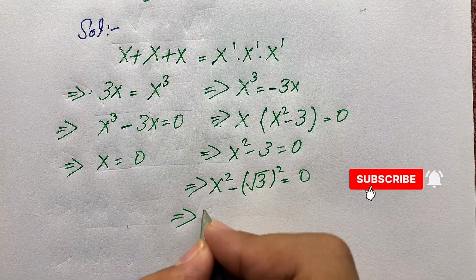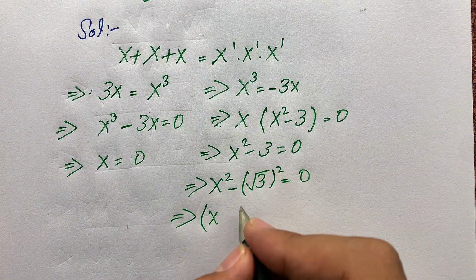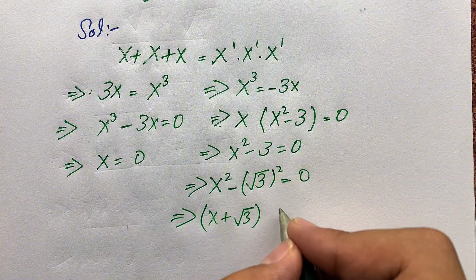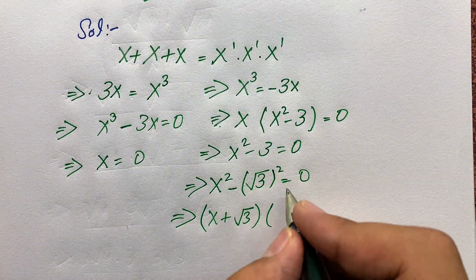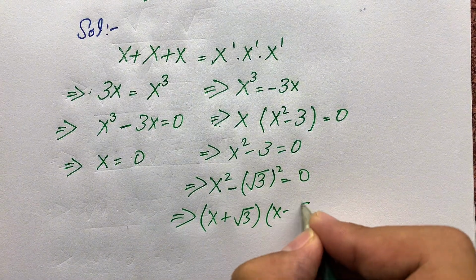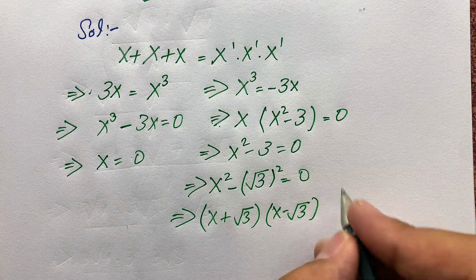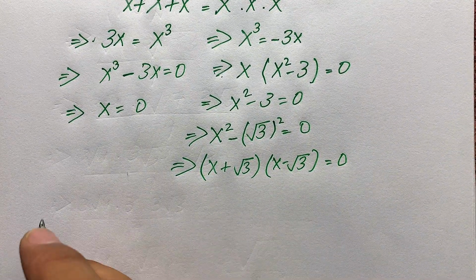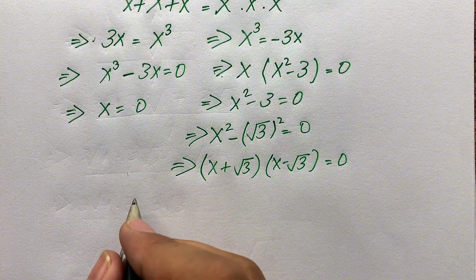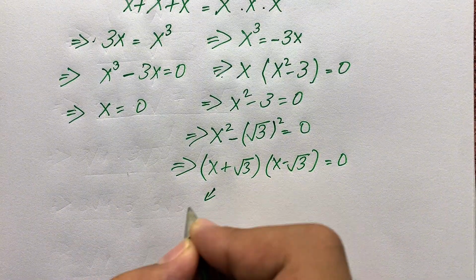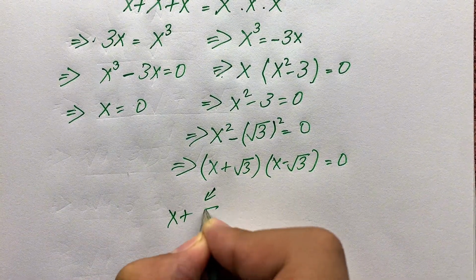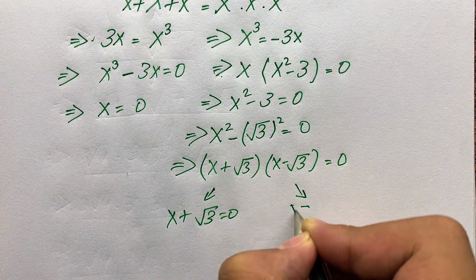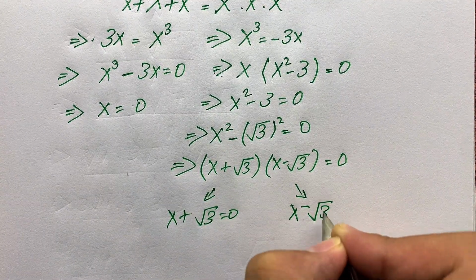This will be x plus under root 3 and x minus under root 3 is equal to 0. Now this side x plus under root 3 is equal to 0, and this side x minus under root 3 is equal to 0.